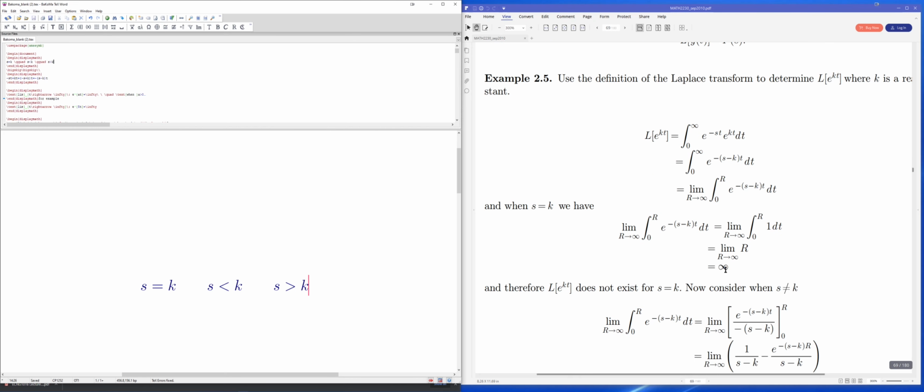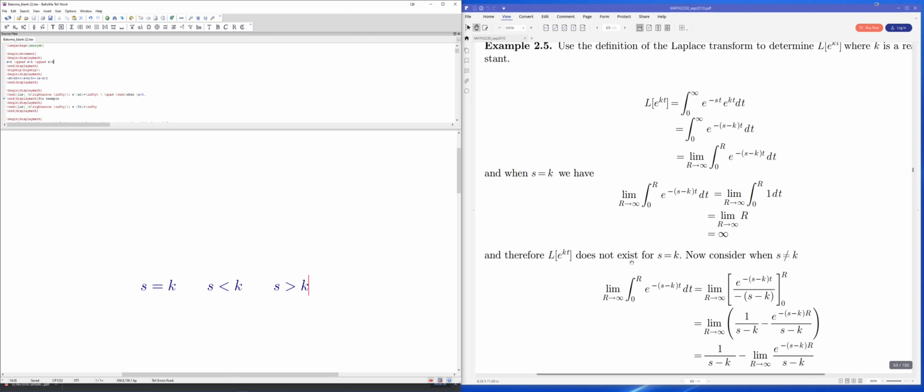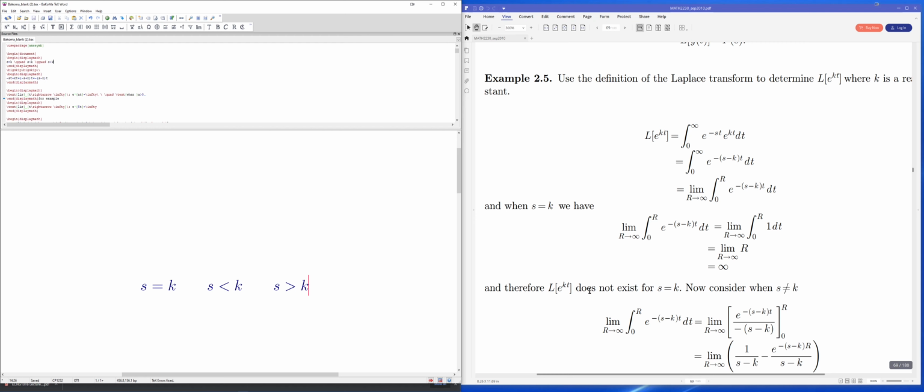Because it diverges, we say the Laplace transform doesn't exist when s is equal to k. Usually in this class we use this notation: the Laplace transform of e to the kt doesn't exist when s is equal to k.